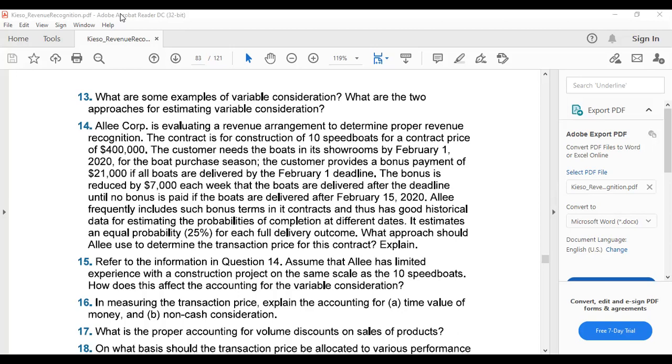What approach should Ali use to determine the transaction price for this contract? So we'll be applying here the probability weighted estimate, just like in the given example earlier.